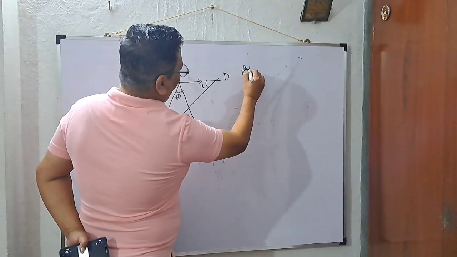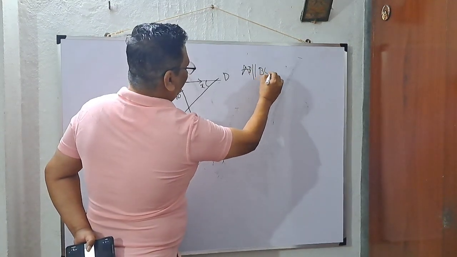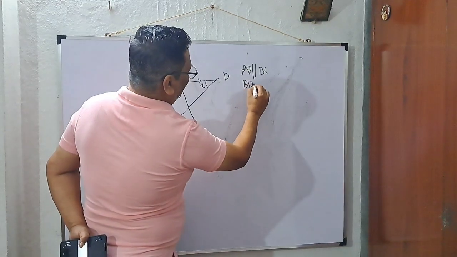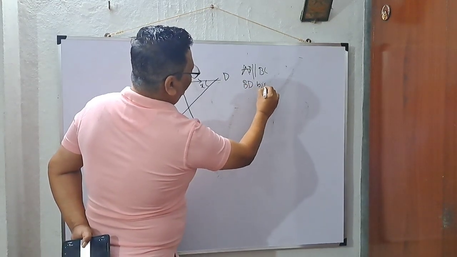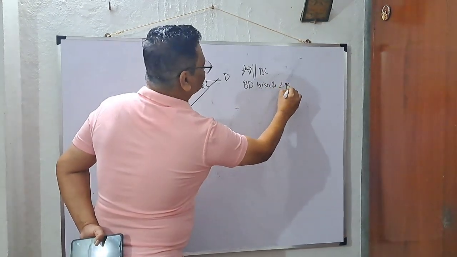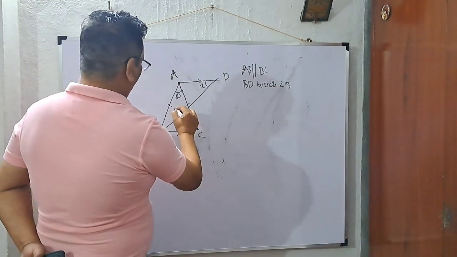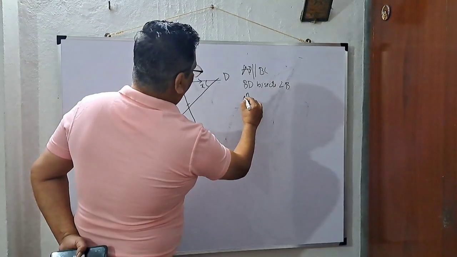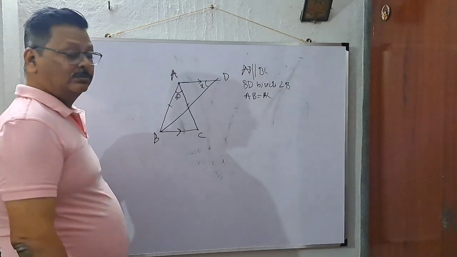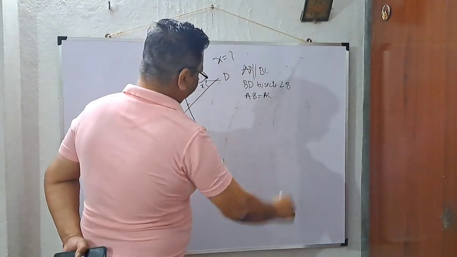AD parallel to BC, BD bisects angle B. Correct? These two sides are equal, AB is equal to AC. Given, all these are given. We will find out the value of x.